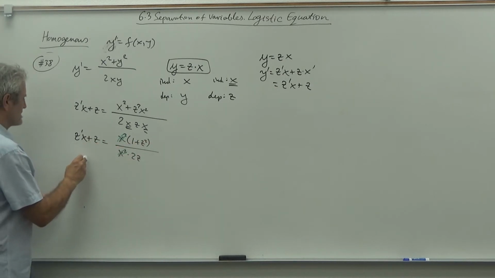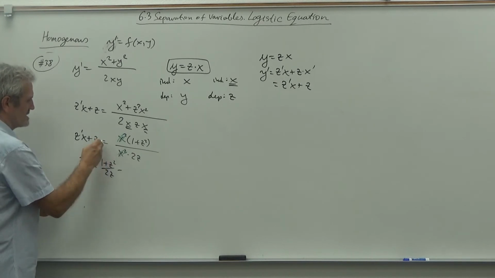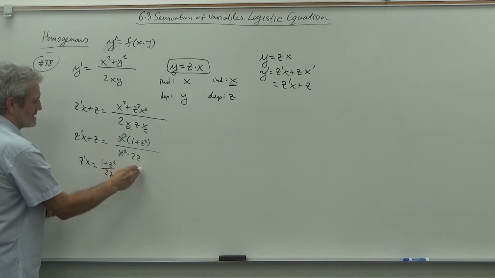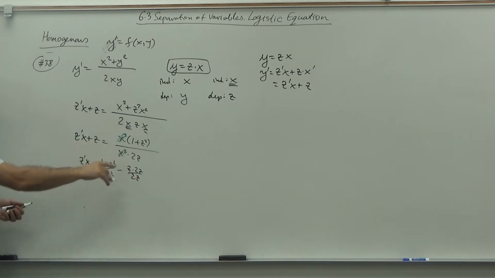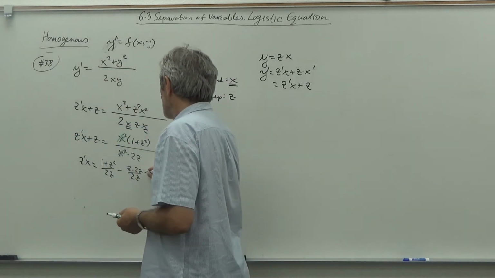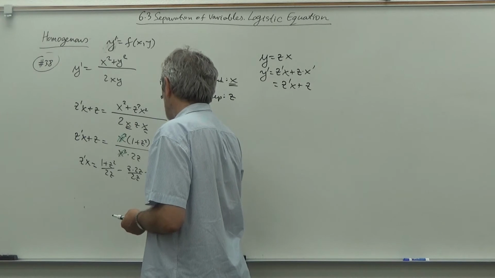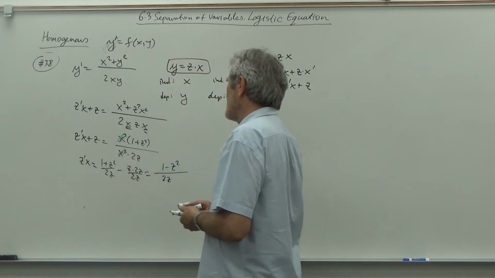So I get z prime x equals (1 plus z squared) over 2z minus this z. I multiply by 2z up and down to make a common denominator. So that's our z from the left, and this will give us 2z squared. 1 plus z squared minus 2z squared is 1 minus z squared.